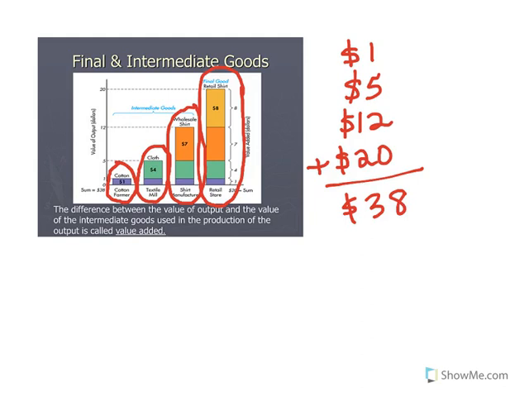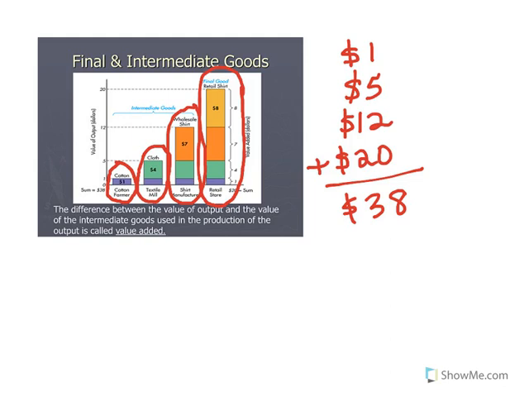We produced a shirt that was worth $20 because that's how much it sold for to the consumer. So if we include the value added at each stage of production, the sale of the good at each stage of production, we would make it look like we're producing way more than we actually are. In other words, we didn't produce a shirt that was worth $38. We only produced a shirt that was worth $20.